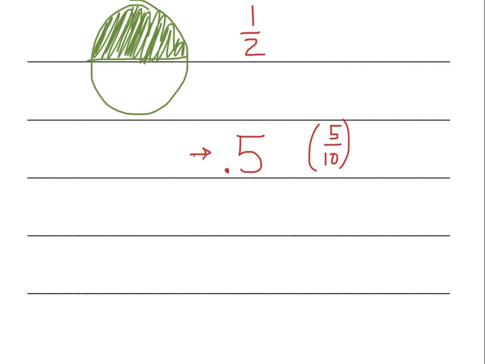Now, the third way that we can write that is in the form of a percent. Now, a percent is actually over 100. Percent means out of 100. Well, if you look here, how would you get from this one to this one? We added a 0 in the denominator, so we would need to add a 0 in the numerator, and so that would be 50%.